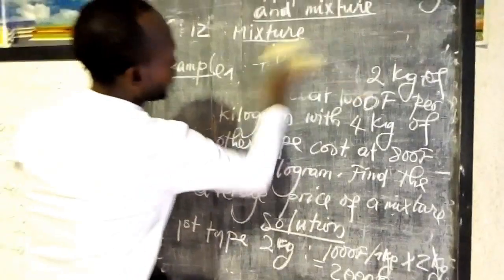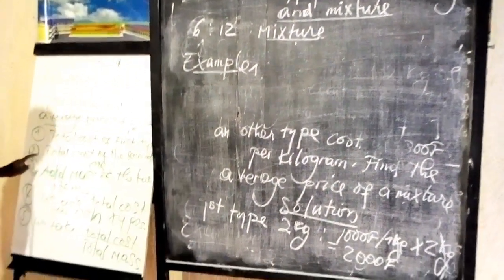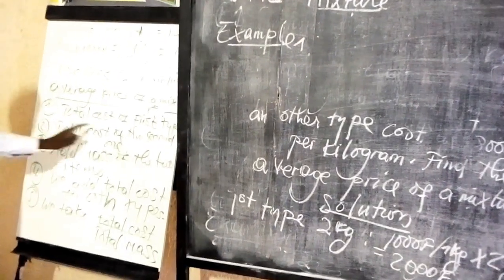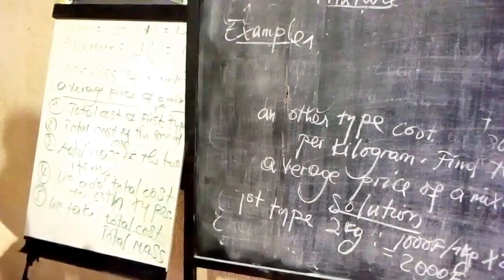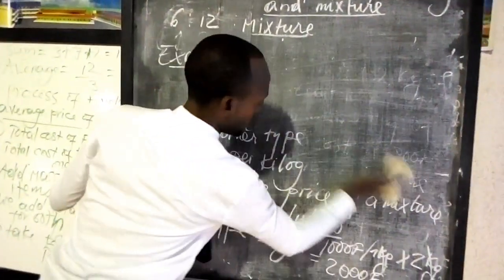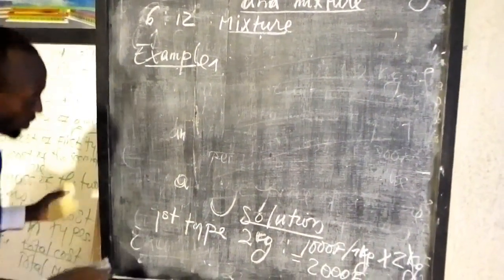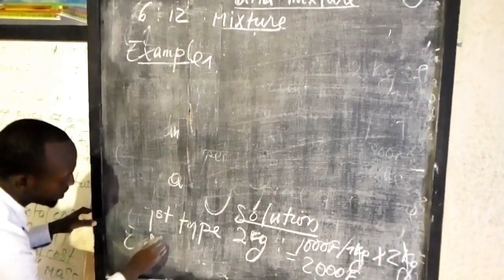Then we come to the second step. We have to look for the total cost of the second type.